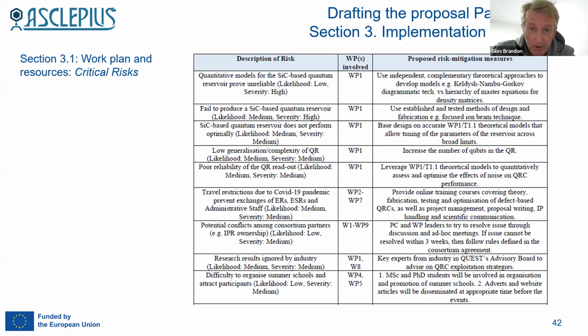Is it low, medium, high? And also to rate them in terms of their severity, low, medium, high. Not only do I ask them to come up with these risks, but also to propose some very concrete, specific risk mitigation measures. And all that information from the different work package leaders eventually all gets put into a table.